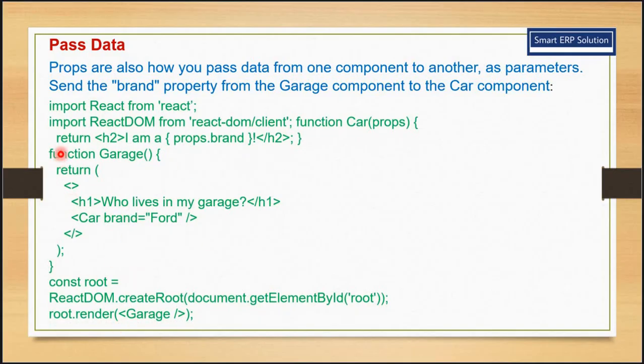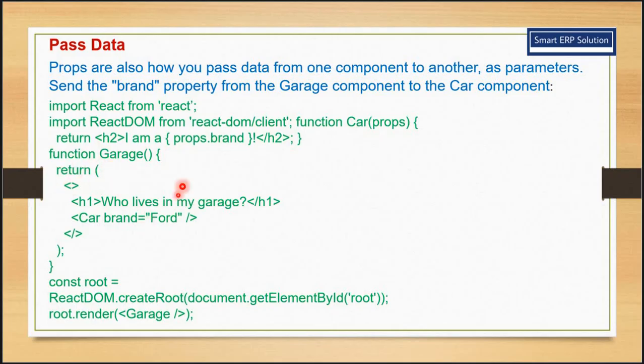This is the sample code. This is the props.brand. As we discussed in our previous session, we have given the links of the previous session in the description box. You can check that. Here, props.brand, I am a props.brand.